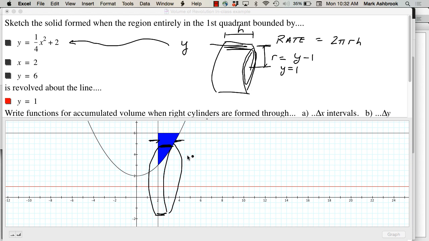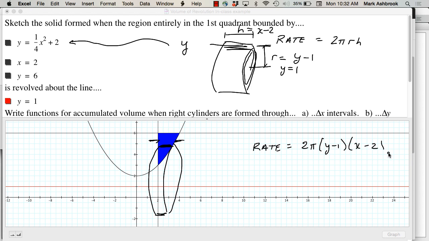It's a change in x. So what is it? It's going to be the x coordinate of this curve minus 2. So the height is x minus 2. So we could start by writing the rate function as 2 pi, radius we said was y minus 1, and the height is x minus 2.